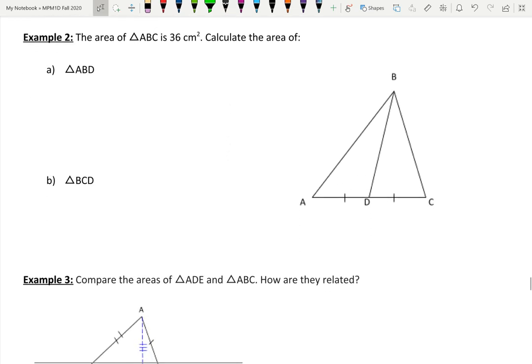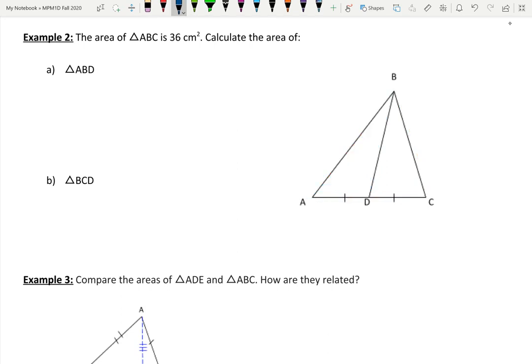Example 2 is about area of the triangle. The area of triangle ABC is 36 centimeters squared. Calculate the area of ABD. The area of triangle ABD is half the area of ABC.